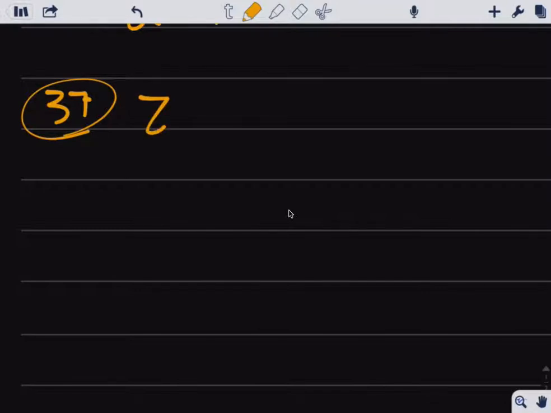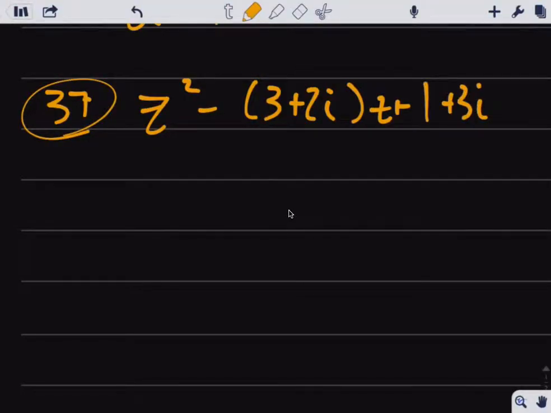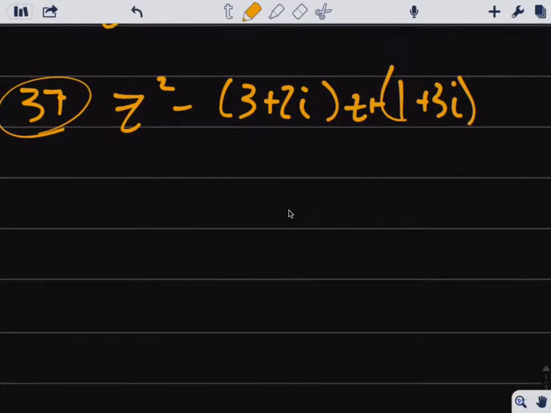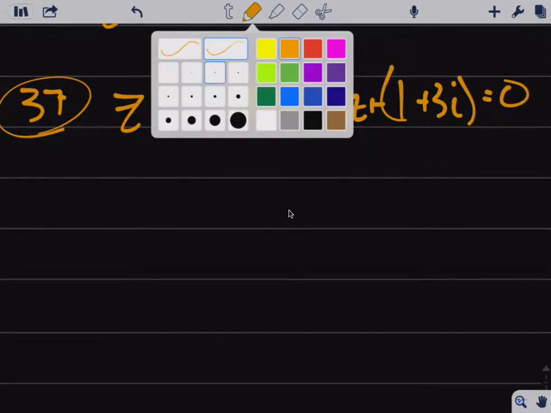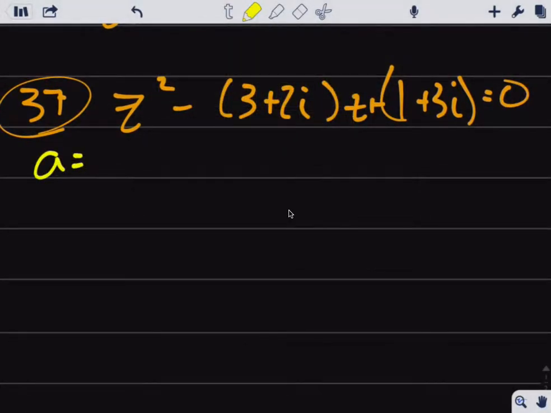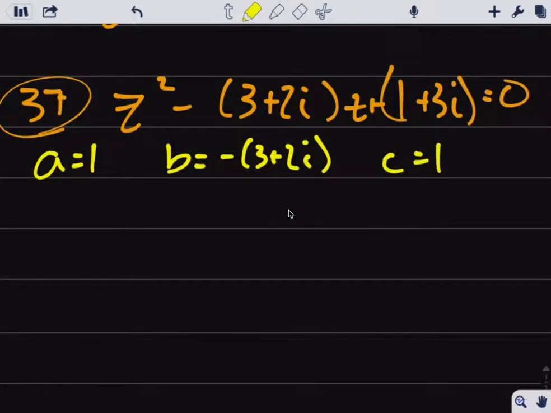37, z squared minus 3 plus 2i, z plus 1 plus 3i equals 0. Okay, quadratic formula. A is equal to 1, b is equal to negative 3 plus 2i, and c is equal to 1 plus 3i.